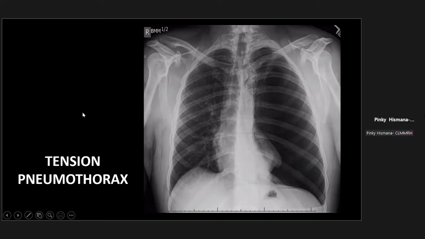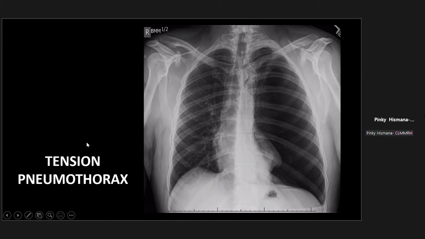Nevertheless, there's a pitfall here, because there are cases when very large bullae, I'm sorry, I don't have an image here, but please check bullae, can also present with very large hyperlucent areas. But those bullae do not need a chest tube insertion, because if you do that, you would be doing more harm, as it would lead to pneumothorax.